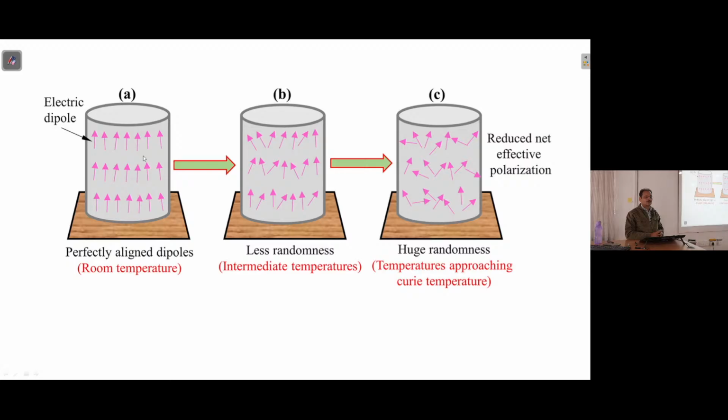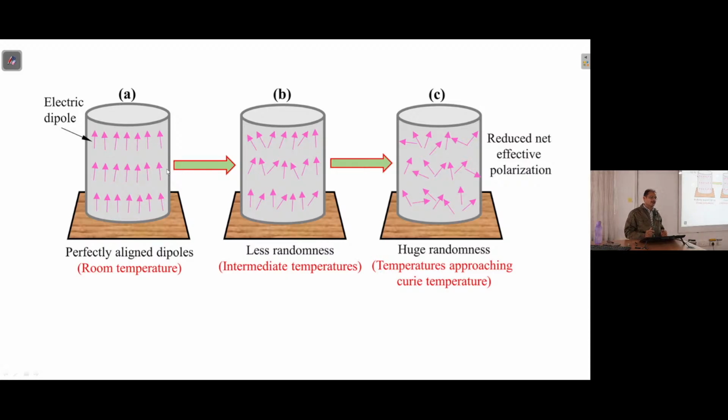As a result, what will happen? This polarized state that we enforce, we apply a high electric field, we polarize the material, and that then stays there because there is a resistance to coming back to the original position.